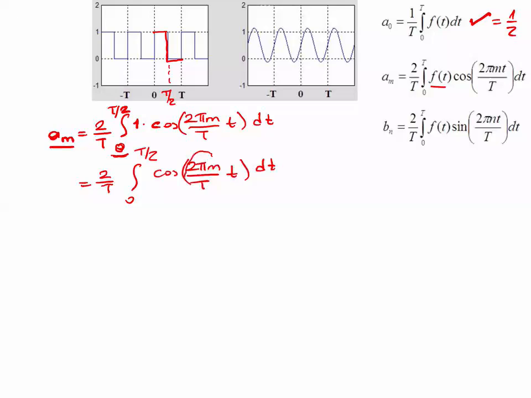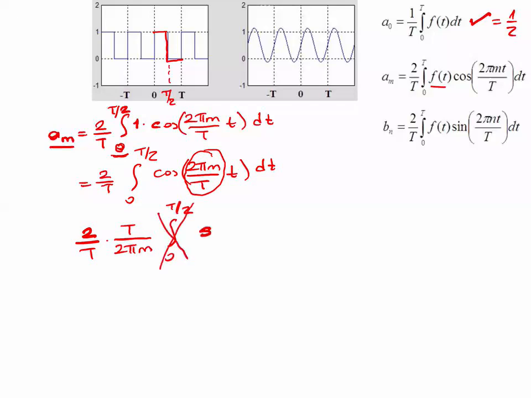We have to take this one and flip it, right? 2 over T times T over 2 pi m, from 0 to T over 2, and I'm going to take it out.